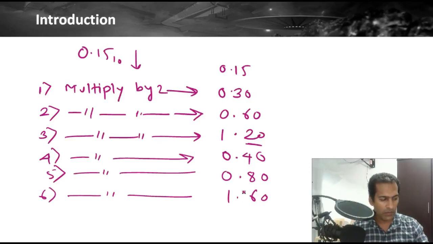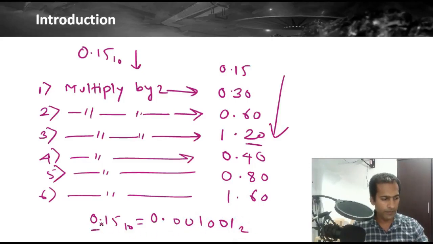Now reading the integer from top to bottom, after one limit we will stop it. Top to bottom we will note down, say 0.15 base 10 will be equal to 0 point after this, then 0, 0, 1, 0, 0, 1 base 2.